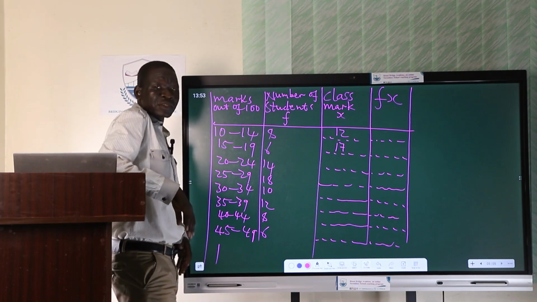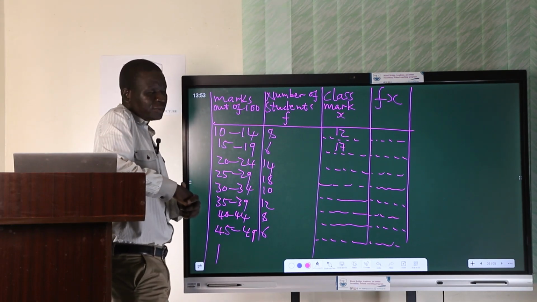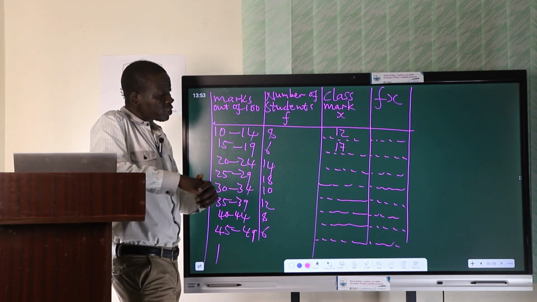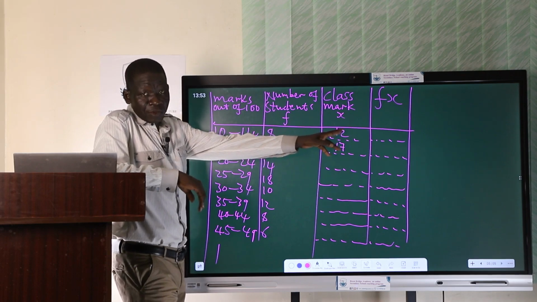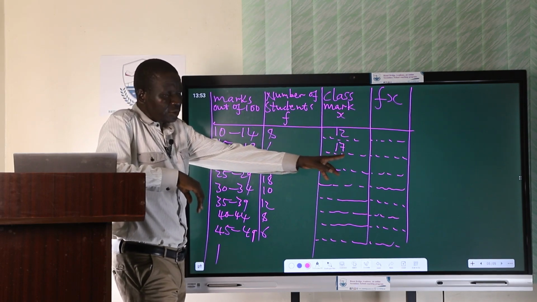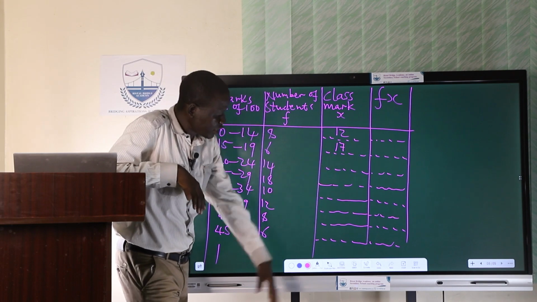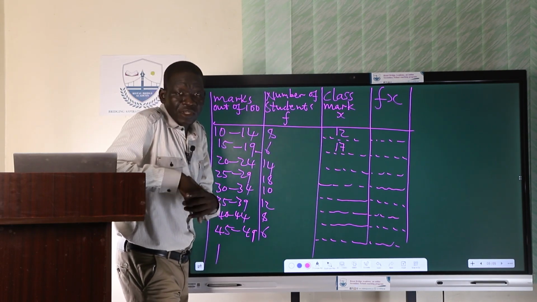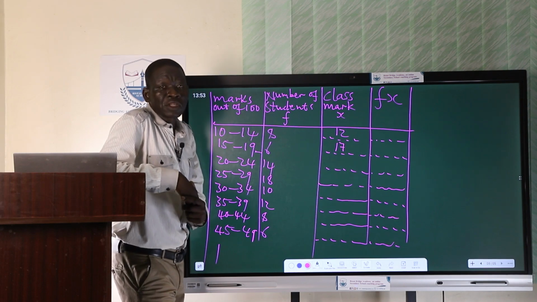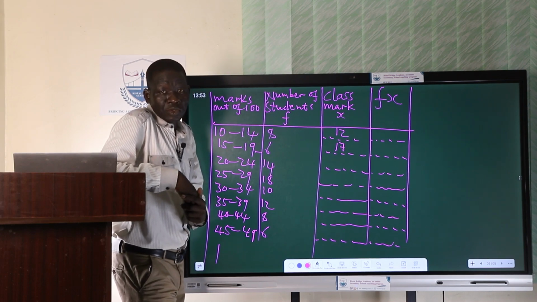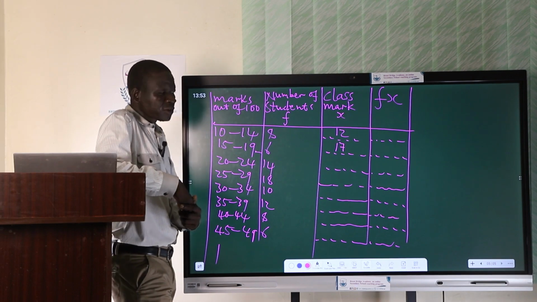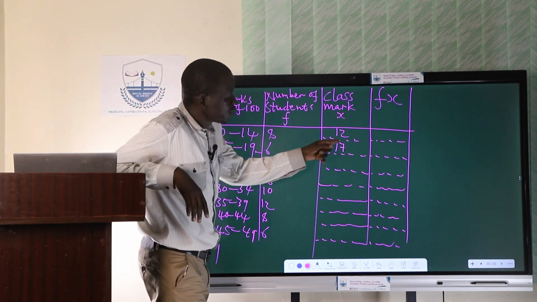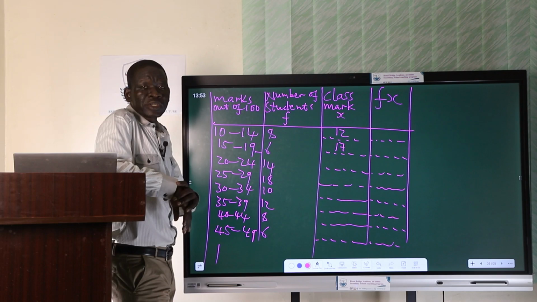So normally, the quickest method is, once you establish the first value and the second value, to get the third value and the rest of the values, just get the difference between the first value and the second value. Then you keep on adding it to simplify. So here we shall say 17 minus 12, you get 5.